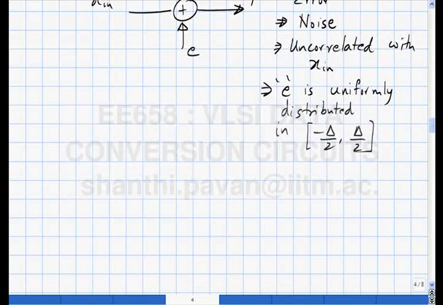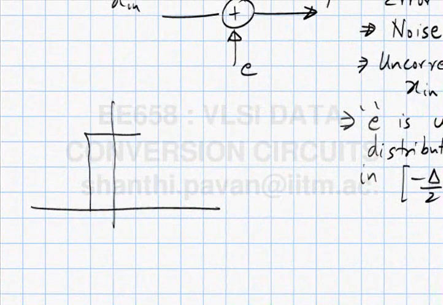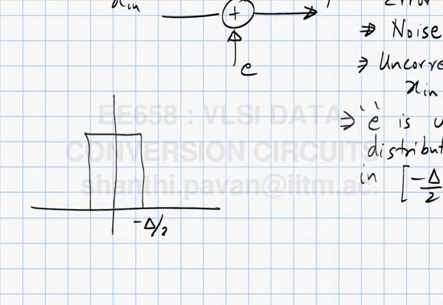So once we've made all these wrong assumptions, it's straightforward to compute everything else that we want. So the distribution of quantization noise is minus delta by 2 to delta by 2. It's a uniform random variable. When you put in a sine wave, at every instant in time you quantize, so there is a quantization error at every instant in time.